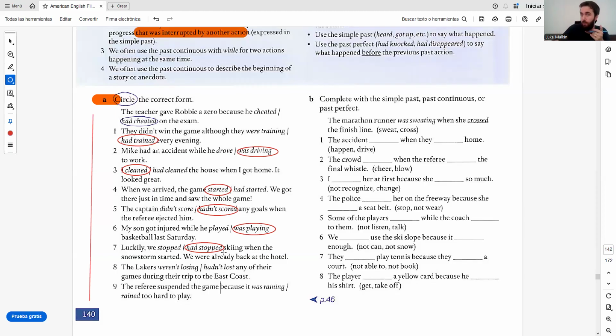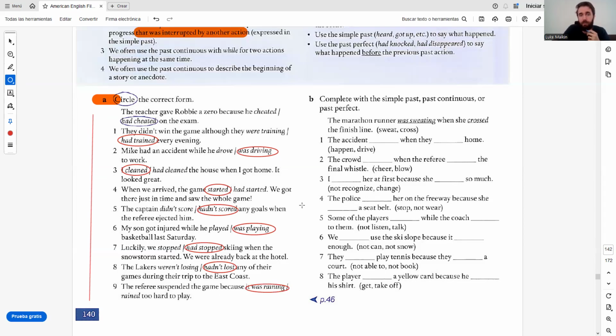We had stopped skiing. 8, the Lakers hadn't lost any of their games during their trip to the East Coast. And before, so it started. And the referee suspended the game because it was raining too hard to play.